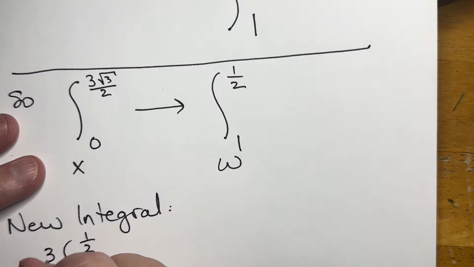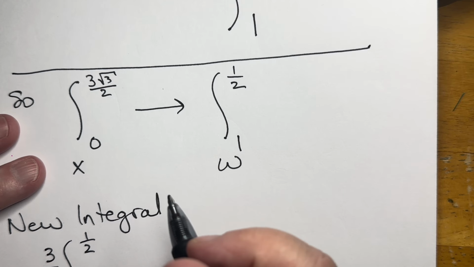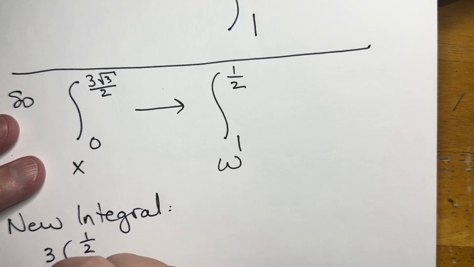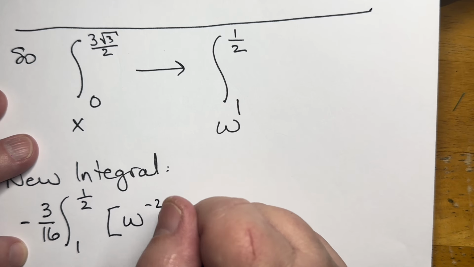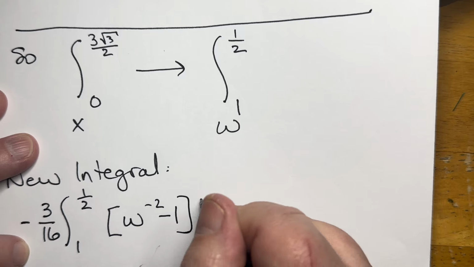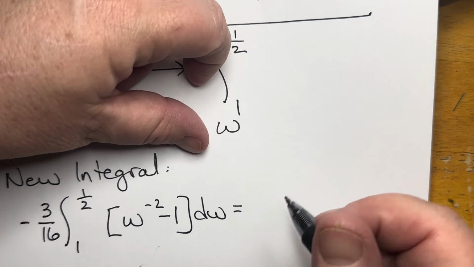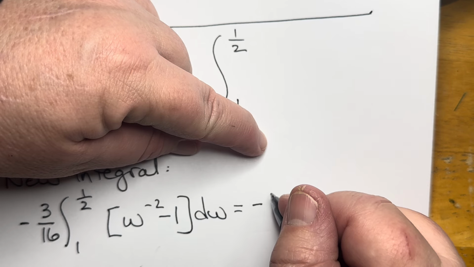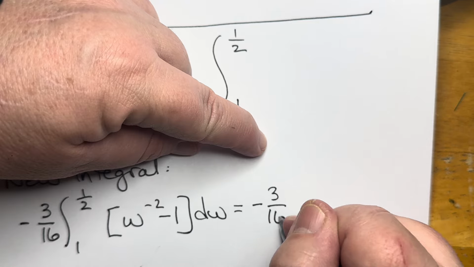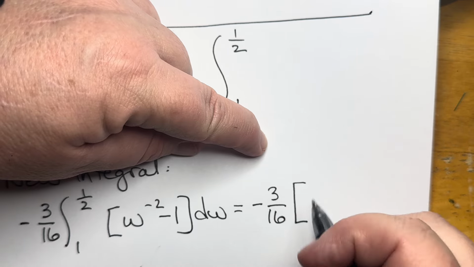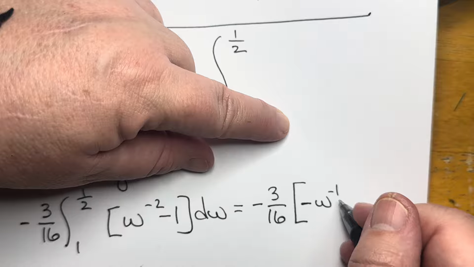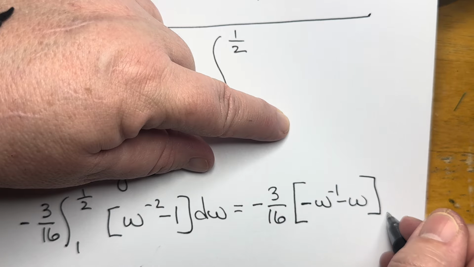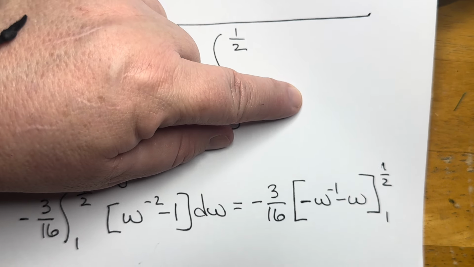It's negative 3/16 of w, there we go, it's negative 2 minus 1 dw, which gives us negative 3/16, and then we got to the opposite of w, the negative 1, minus w from 1 to 1/2, right?